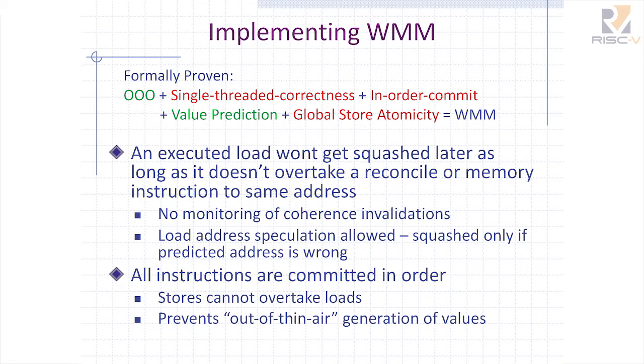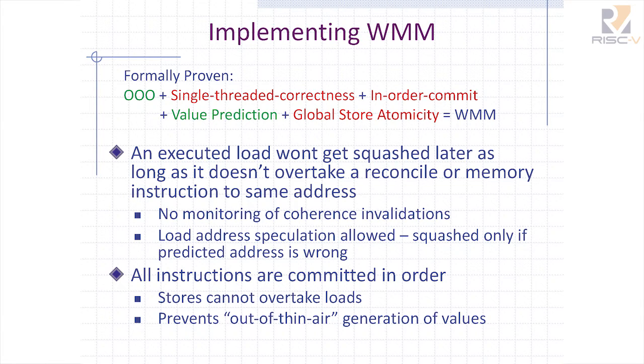But if you have in-order commits, and if you have global store atomicity, plus some sort of value prediction for store load values, then that processor actually is exactly equivalent to the WMM definition.